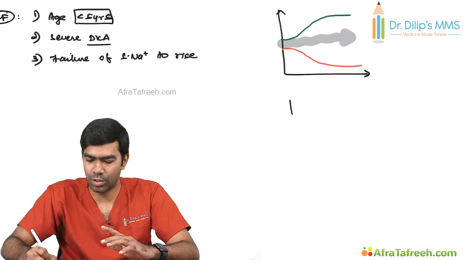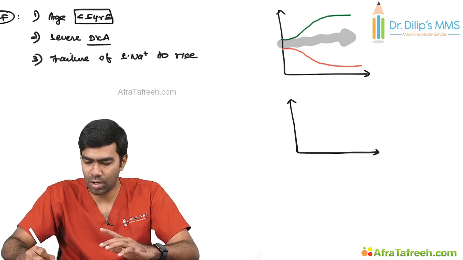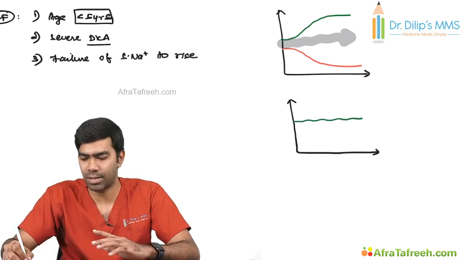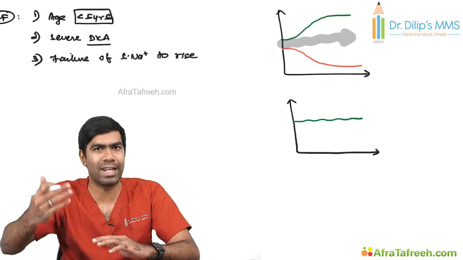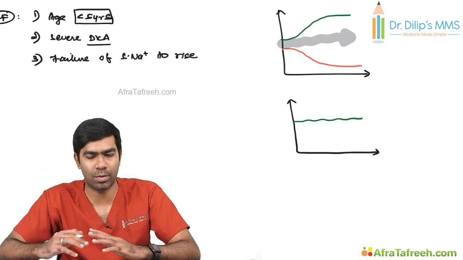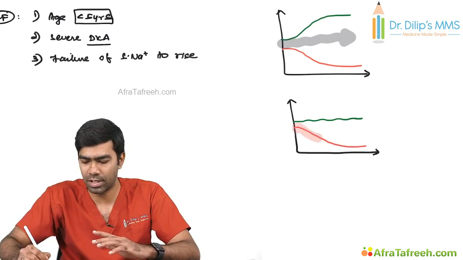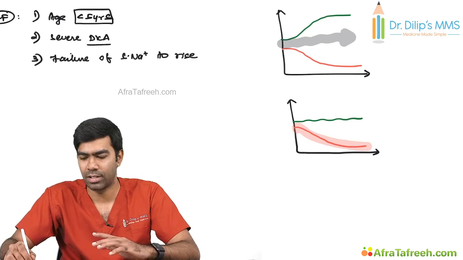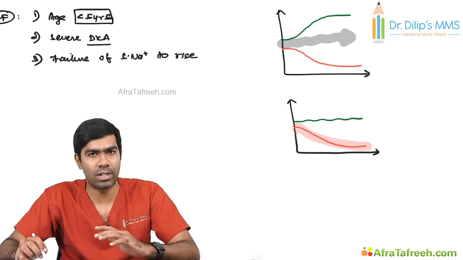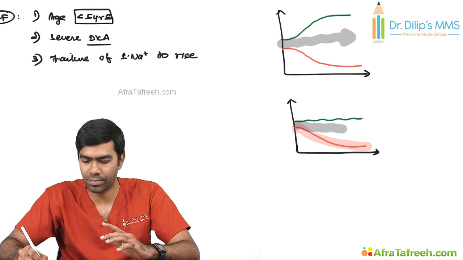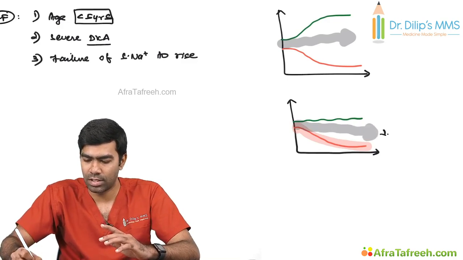But if you start the treatment, the glucose will automatically fall, and at the same time, the serum sodium should automatically rise because it's a false hyponatremia. But if the serum sodium is not rising and it is persistently low despite reducing this glucose means there will be a gross fall in the serum osmolality.